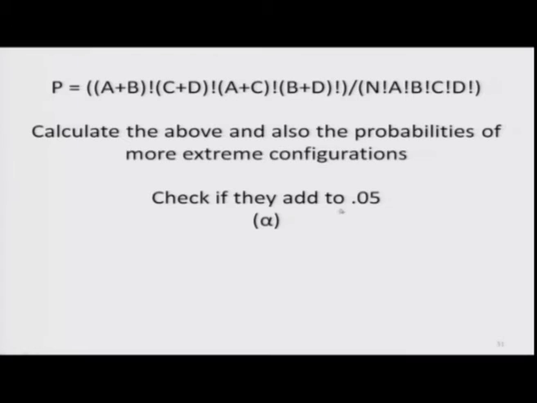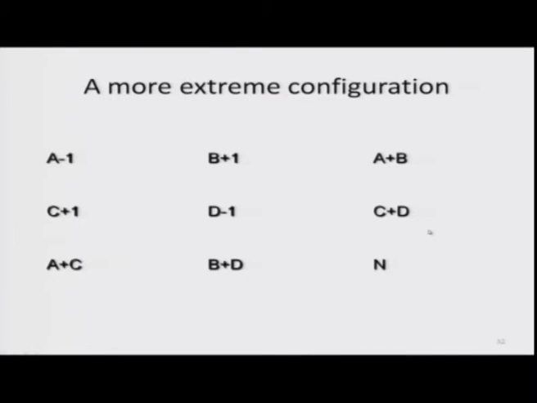If it is more than 0.05 or if it is less than 0.05, then two different directions are taken. Yes, you can make a more extreme configuration if possible. A, B, C, D may already be an extreme configuration, but if it is not, then make it more extreme. Your data will speak how to make it more extreme.